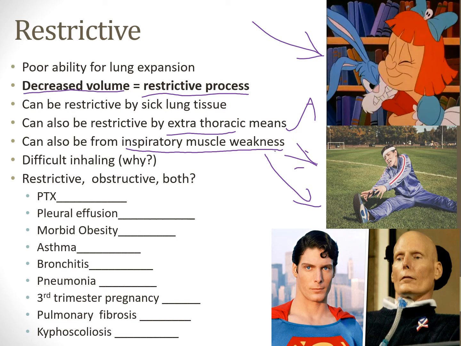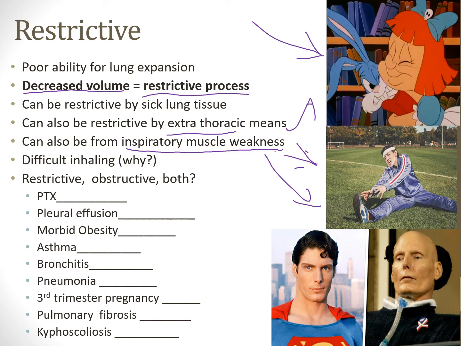Or it could also be from a neuromuscular condition like Guillain-Barré or myasthenia gravis that can decrease the strength of those muscles too. So there's a couple of different things. It could be extrathoracic, intrapulmonary, or it could be something to do with the neuro communication to breathe as well.